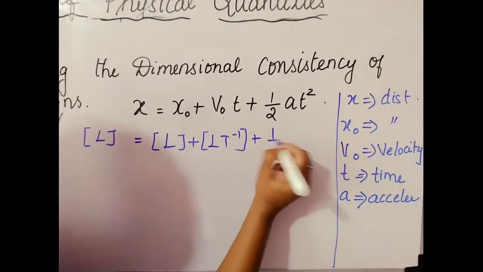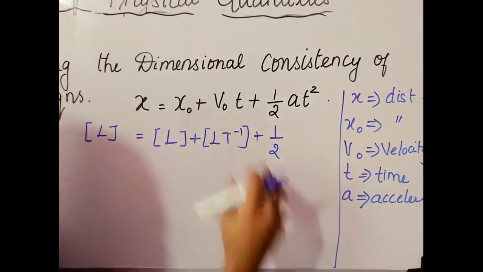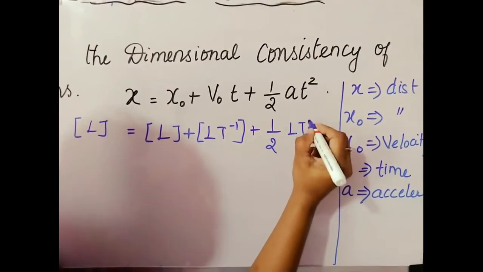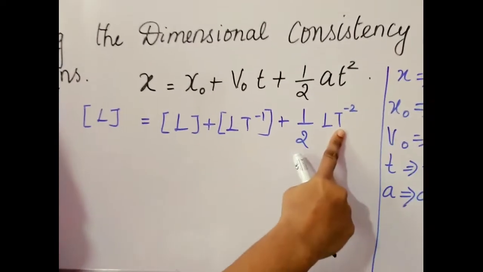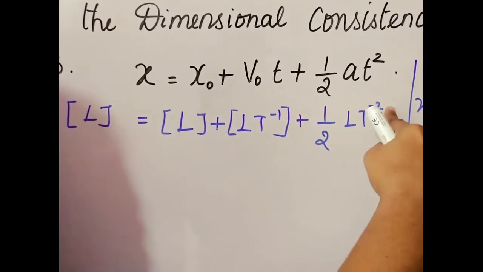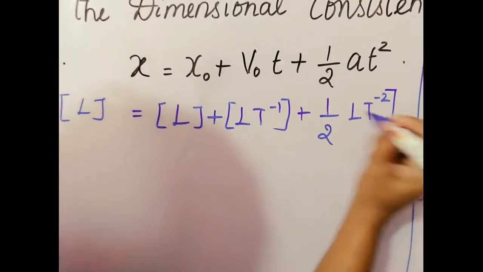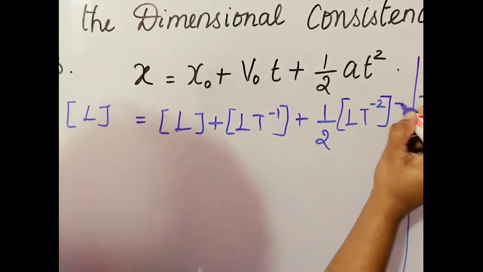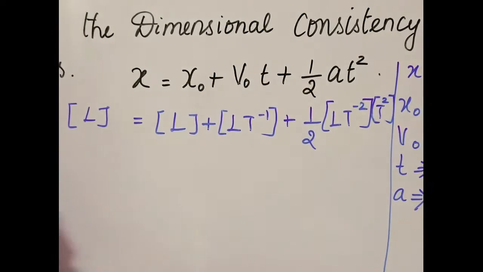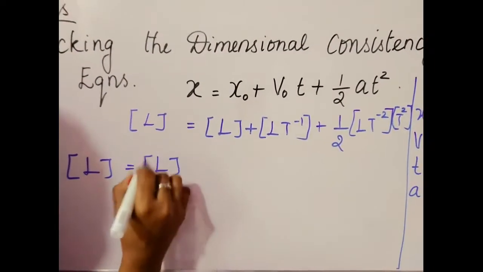Plus half doesn't have any dimensional formula, so you can leave it. And for a, that is L T power minus 2, the dimensional formula for acceleration. For velocity, L T power minus 1. Just remember. And for t, it is t square.